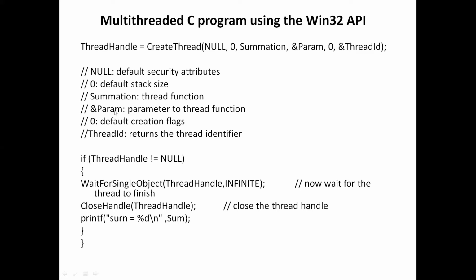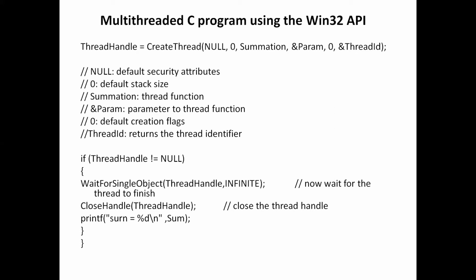Next, 0 is the default creation flags, and ThreadId returns the thread identification number. Like pid in pthreads, here in Win32 we use thread id.